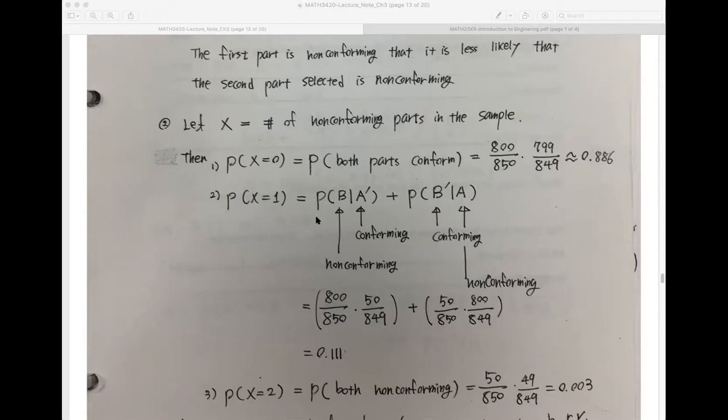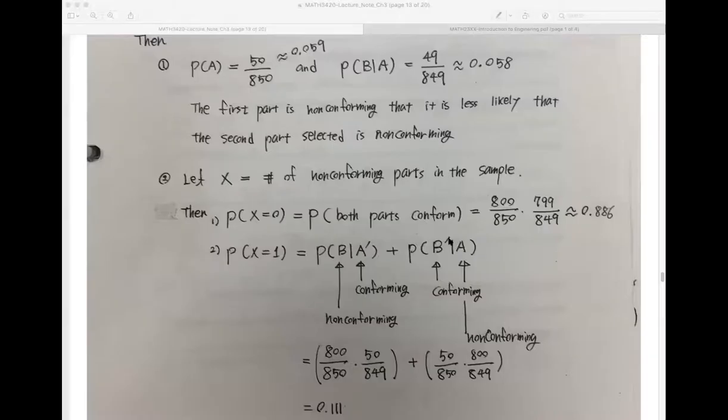So then we calculate this one. The probability that in the first trial we select the conforming part is 800 over 850, right?